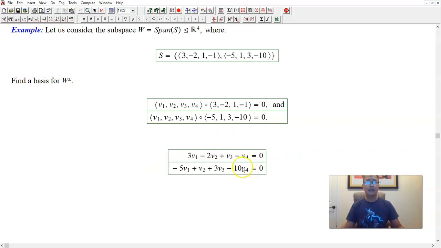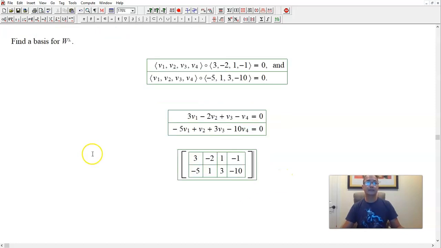Oh, would you look at that? We have a system of equations, big surprise, and the right side is 0. We are solving for v1, v2, v3, v4, so we are looking for all the solutions to this homogeneous system of equations. How do you do that? You make a matrix, and then you look for the null space of that matrix.